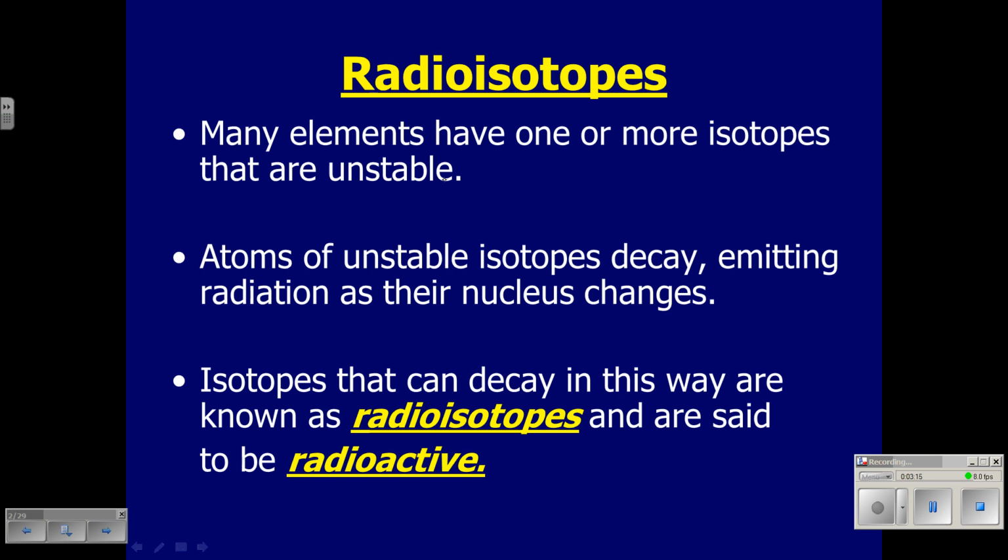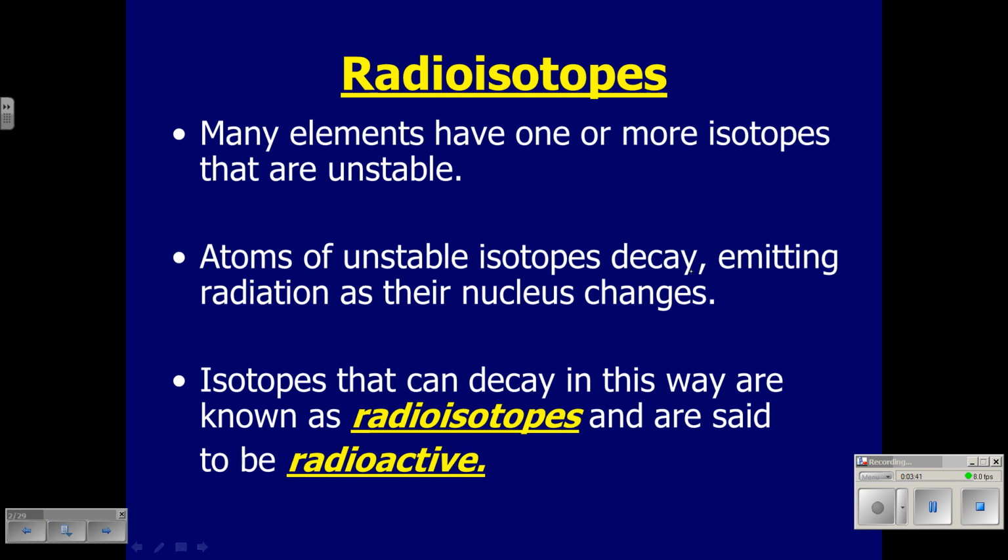Atoms of an unstable isotope decay, emitting radiation as their nucleus changes. And we do use the term decay here, but it's not like what you might have learned in, say, an ecology class about a log decaying in the forest. That is not what we mean by decay here.